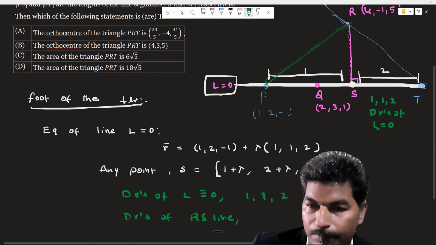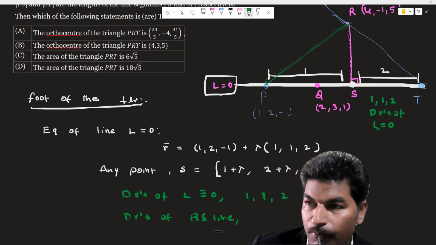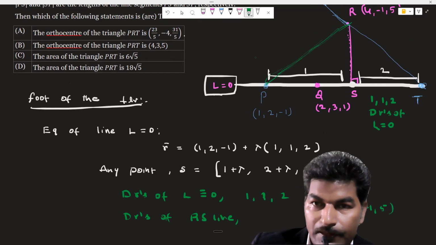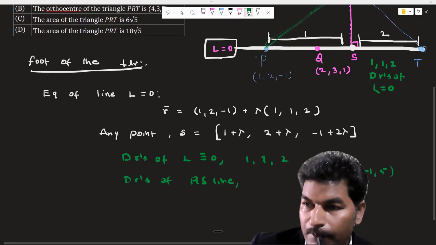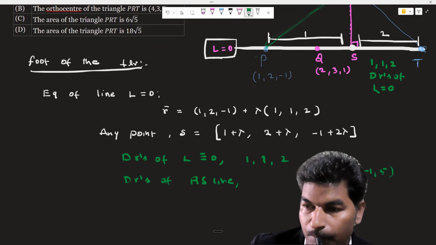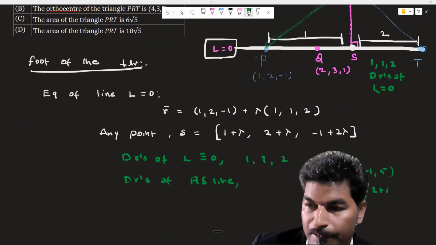We know the point R is (4, -1, 5), given in the problem, and the point S is (1 + lambda, 2 + lambda, -1 + 2 lambda).